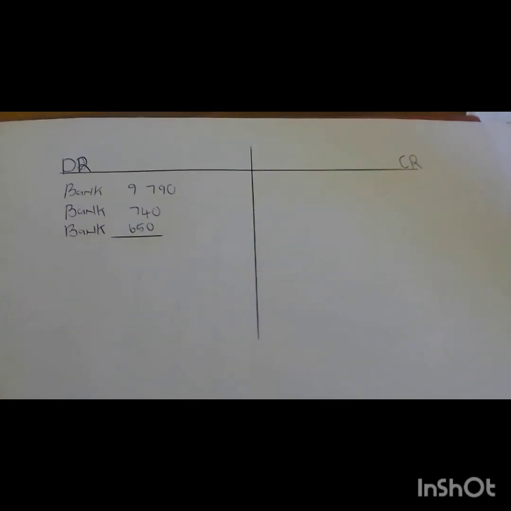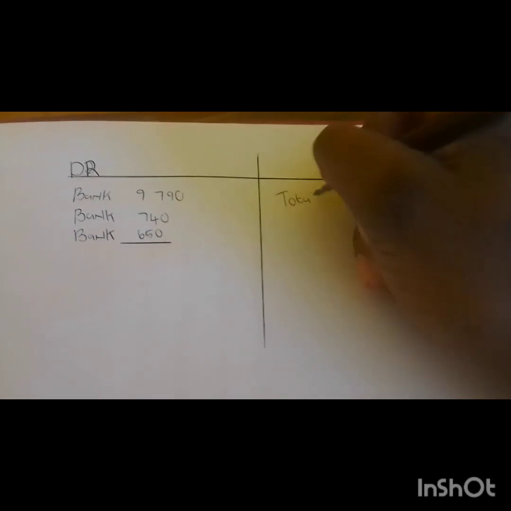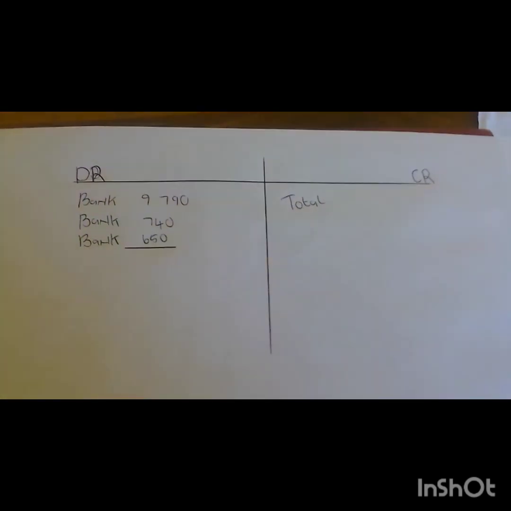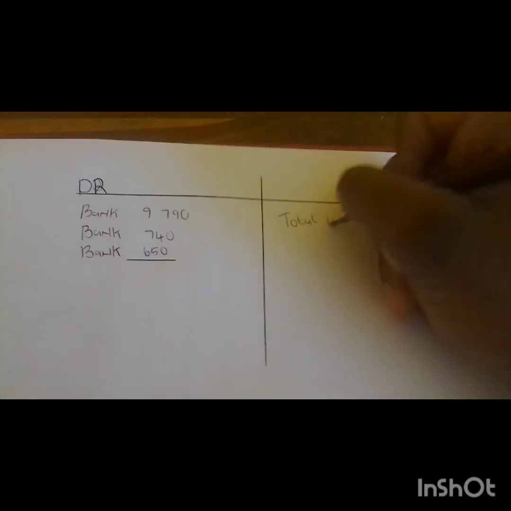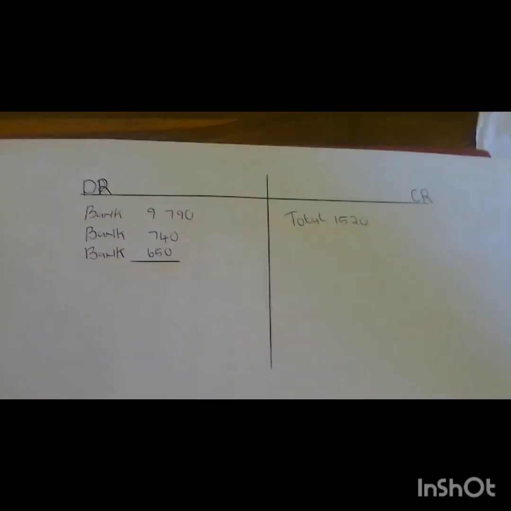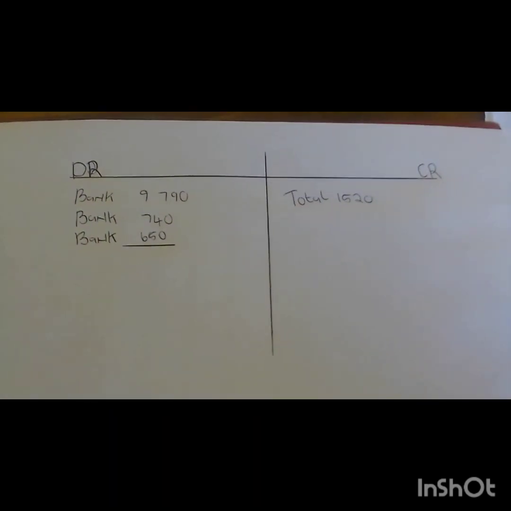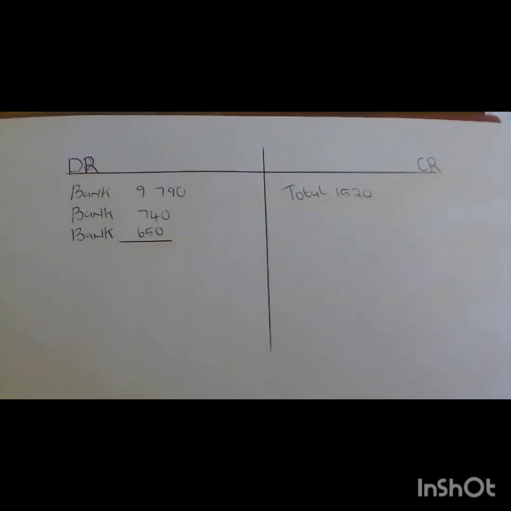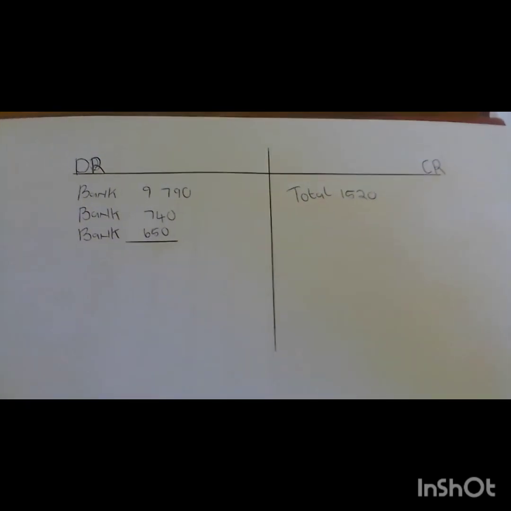So you're going to write total, which is 1520. This amount we got from the total of the petty cash journal. Just like I told you from that video, the total you get from the petty cash journal, you record it on the credit side of the general ledger.